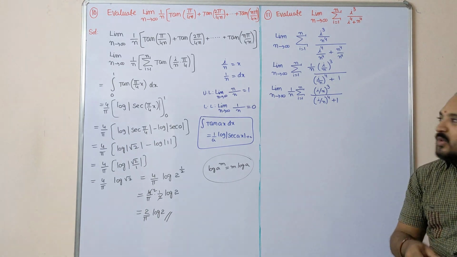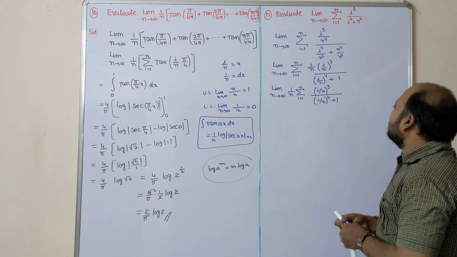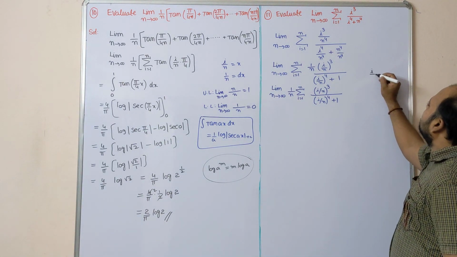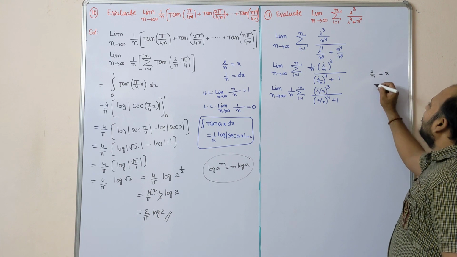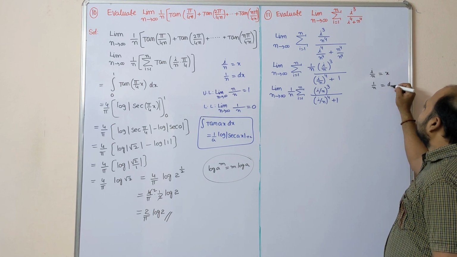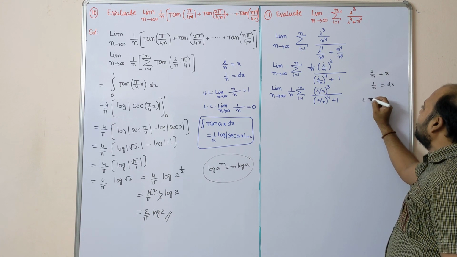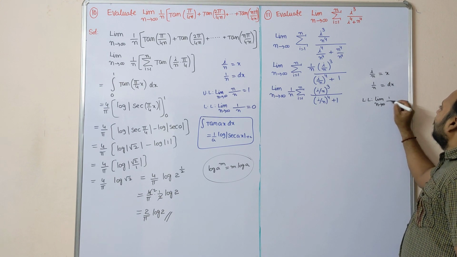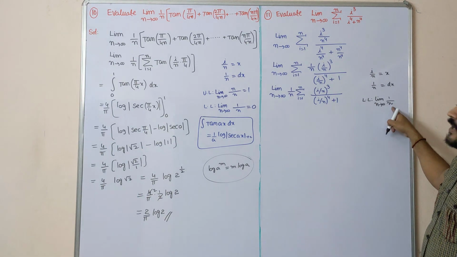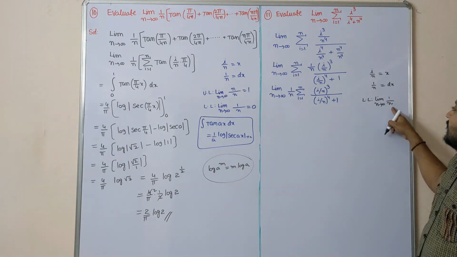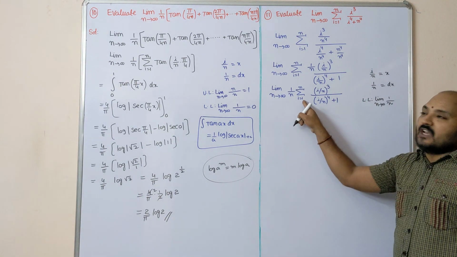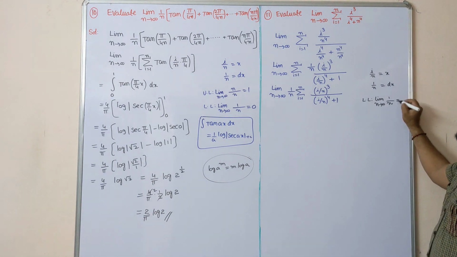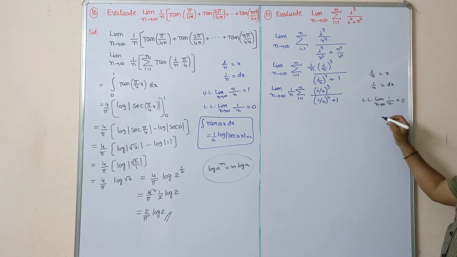Later on what we have to do? Common procedure. Let i by n is equal to x and 1 by n is equal to dx. Find out the lower limit now. Limit n tends to infinity, n in the denominator is the total number of partitions. What is the initial value of i? 1. Limit n tends to infinity, 1 by n value goes to 0.